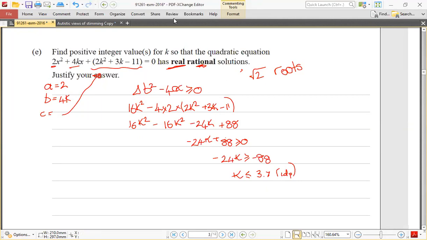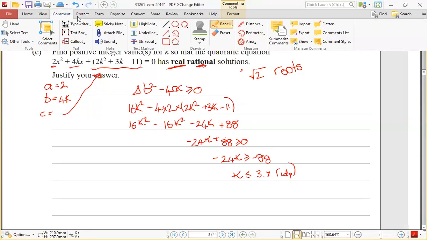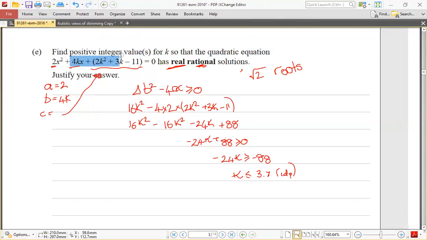Now, this is where we go back to the question, and it's asking for positive integer values of K. So what are the positive integer values of K? You gotta put 3.7 back in the whole thing. You could do it on the calculator, right?